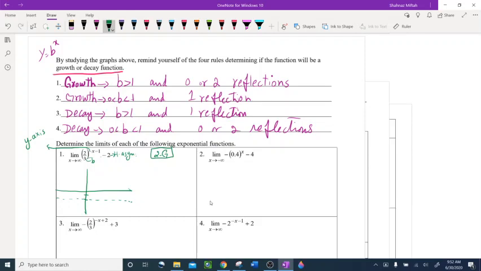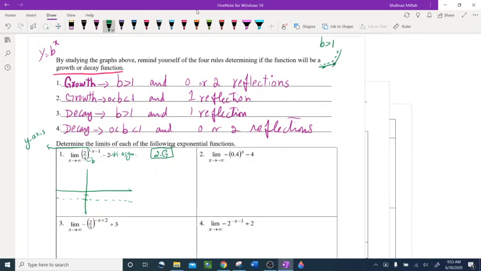Before I do all this reflection, the original graph, I'm going to write down up here. If b is greater than 1, your graph, the original one, is going to go like this, like a growth. These are all positive tangent lines you can draw there, right? You can pick a point, draw a tangent line, and it's a positive slope.